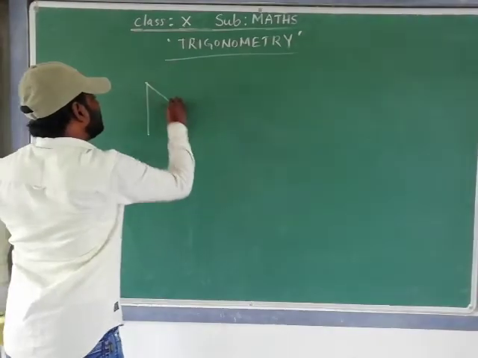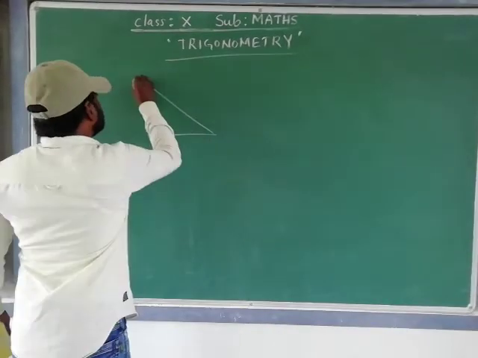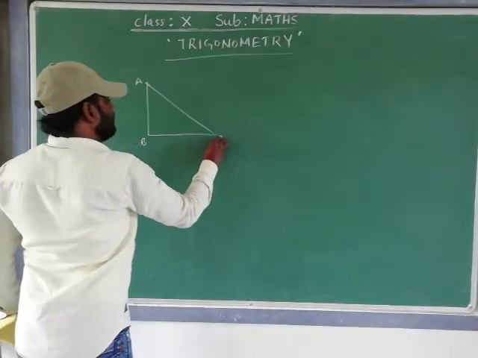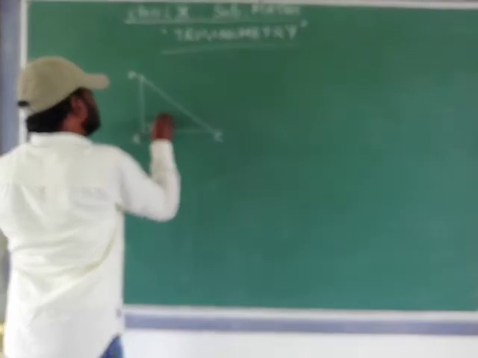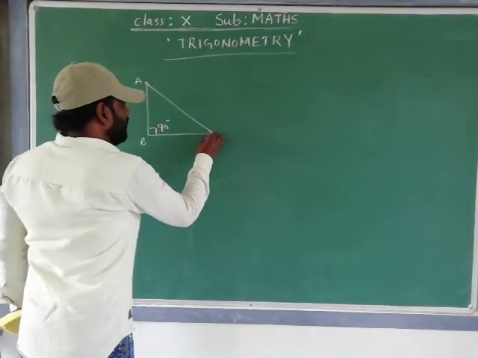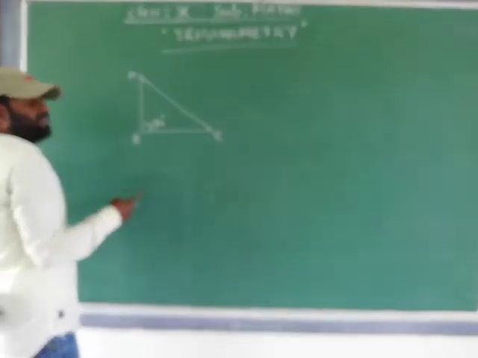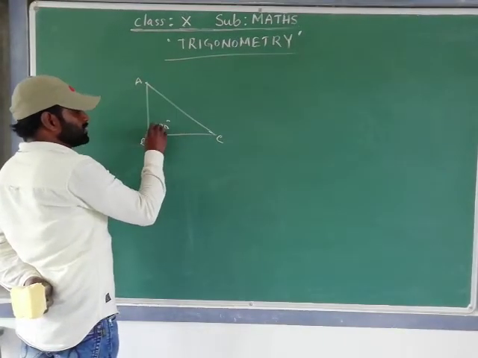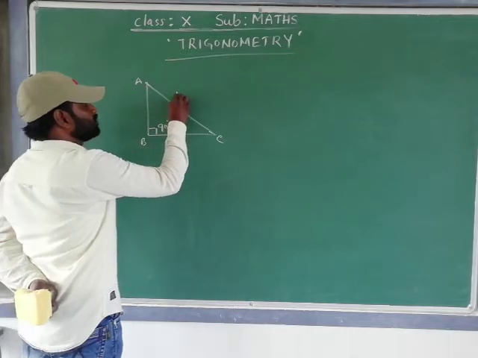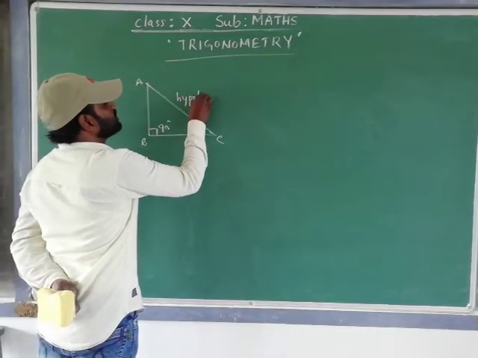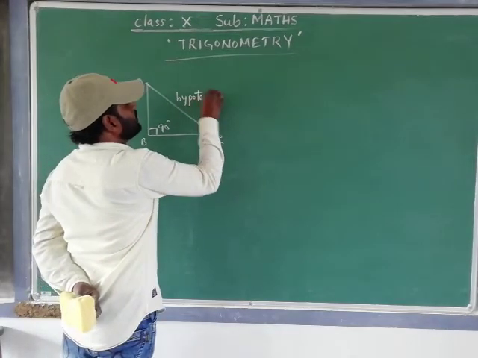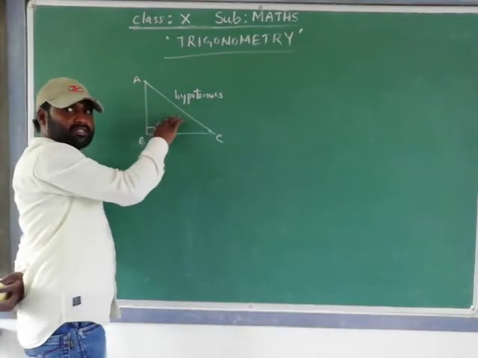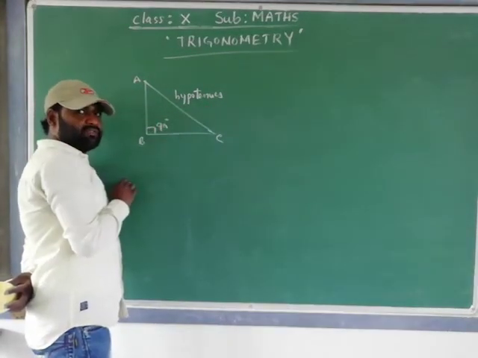Let us take a right angle triangle like this. Just now I told you ABC, where B is 90 degrees. Now, if you name the sides, the side which is opposite to the right angle is known as the hypotenuse. You already learned this.